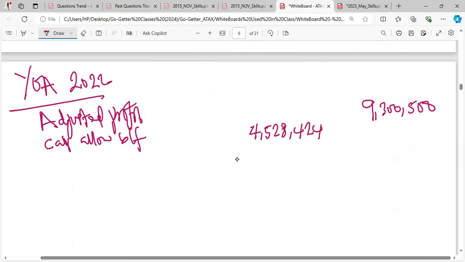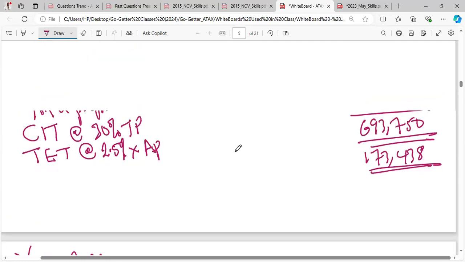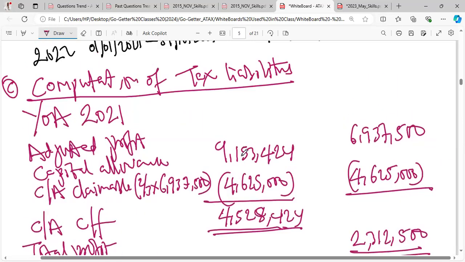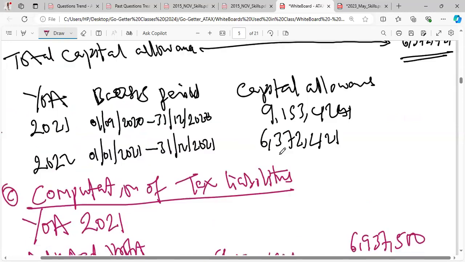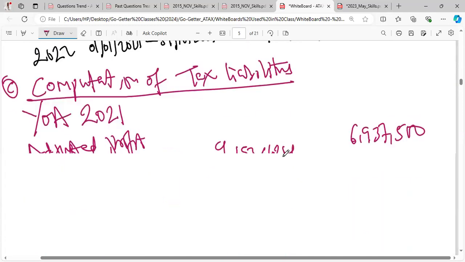Right? Then we have capital allowance for the year. How much did we calculate as our capital allowance for the year? 6,372,421.